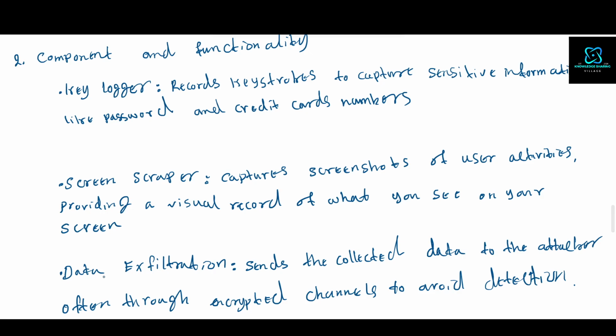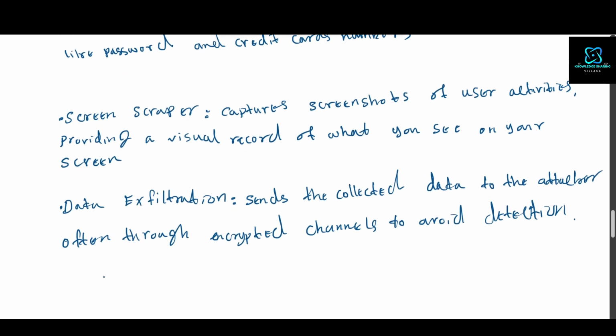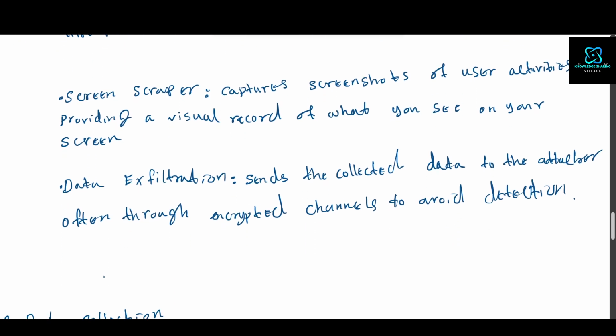There may be other components that I don't have knowledge of, or a whole new one that the attacker uses, because the goal of the attacker is to avoid detection. So in the components we have mentioned three: first of all keylogger, then screen scraper, and data exfiltration.